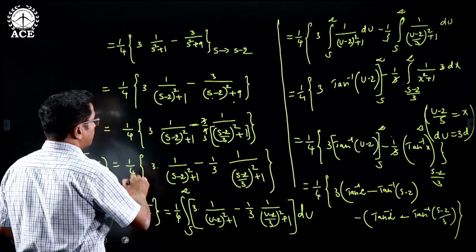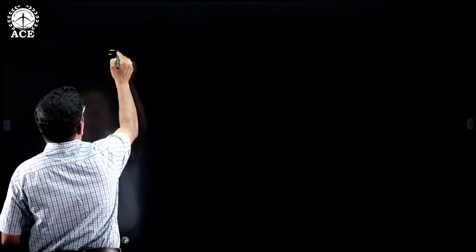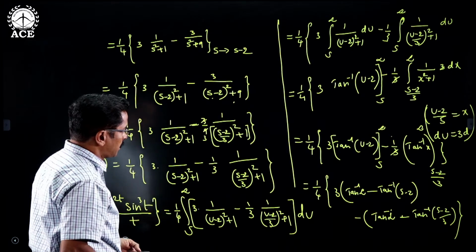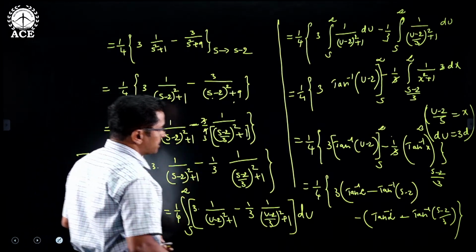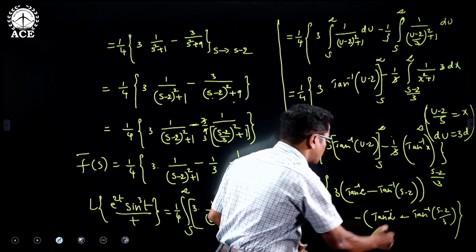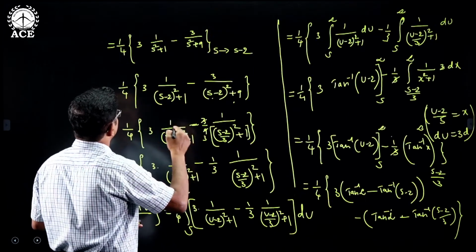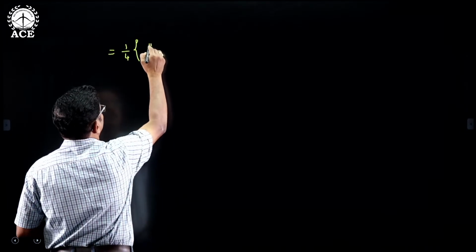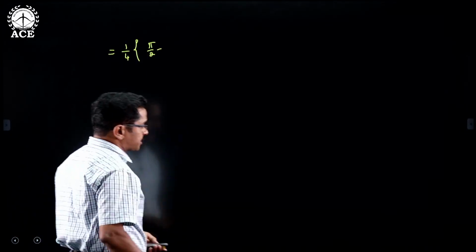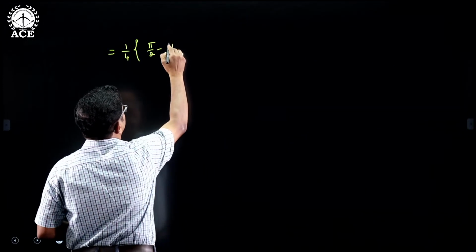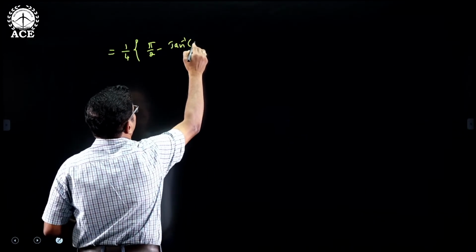So which is equal to 1 by 4. 3 into tan inverse infinite is pi by 2 minus tan inverse of s minus 2.